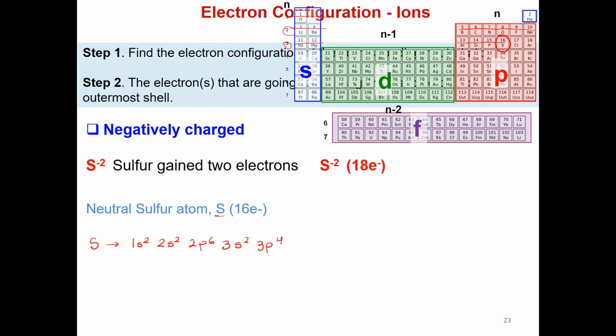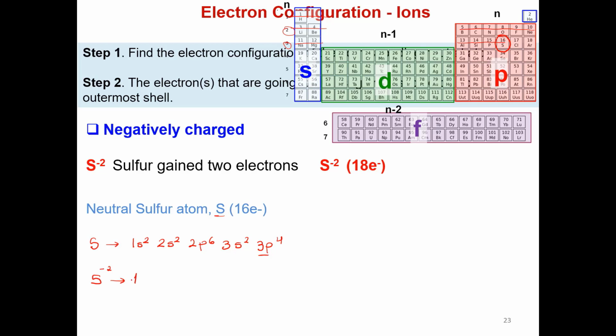But now, because we want to write the electronic configuration for sulfur -2, we need to add 2 electrons to the outermost shell. In this case, the outermost shell is 3p4.